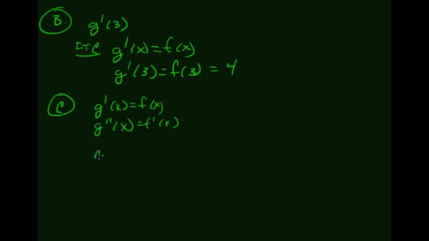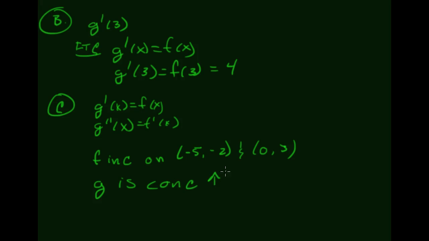Well, if I look at my graph, f increases on -5 to -2 and 0 to 3. So g is concave up on -5 to -2 and 0 to 3. All right, so there we go. Let's look at part D.